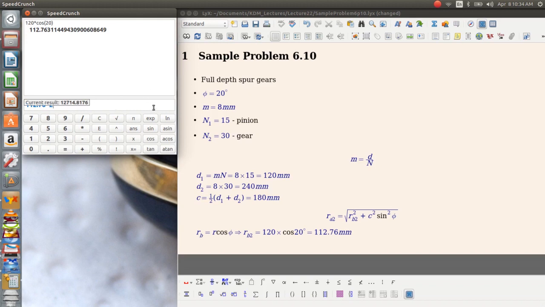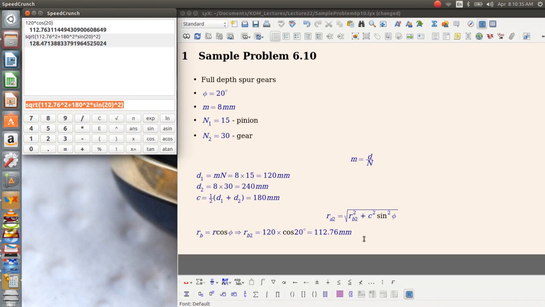And I need to add that to 180 squared, that's my center distance, times the sine of 20 degrees squared, and then that whole thing needs to be the square root.